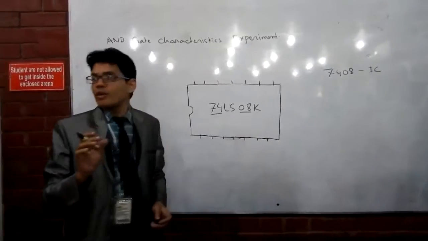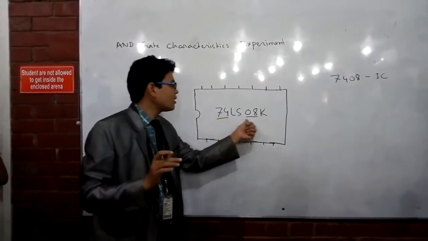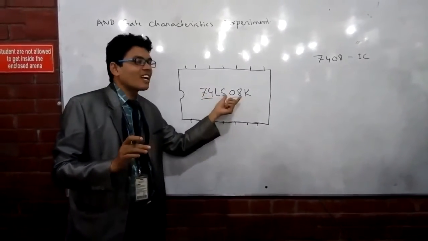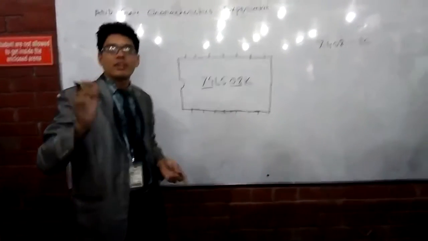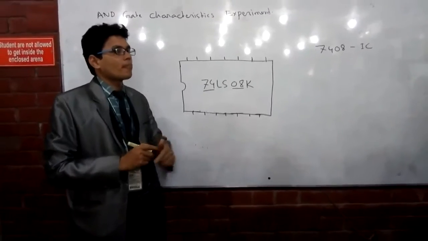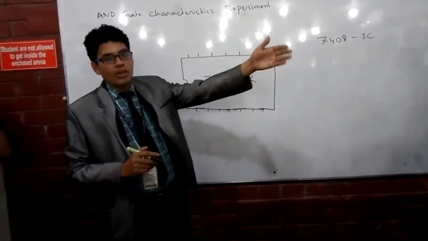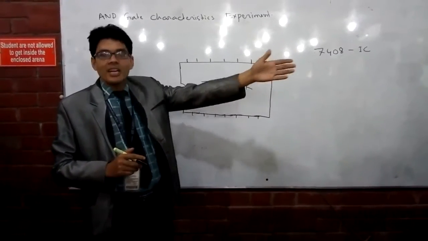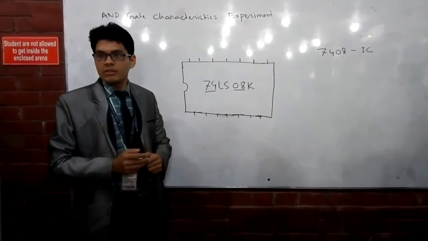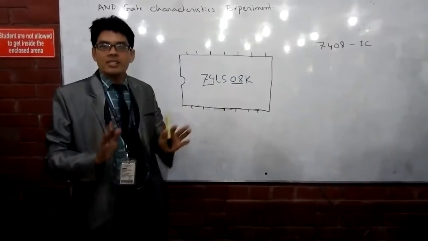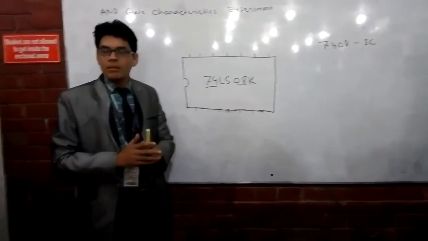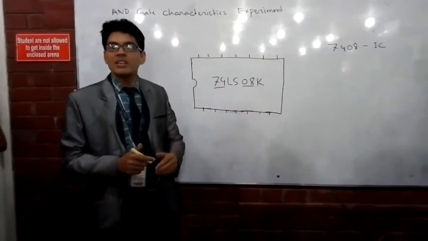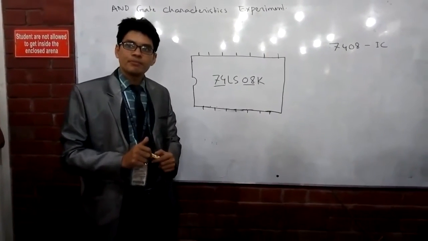If you go to old Dhaka or Nawabpur and ask for an AND gate IC, they would not understand that, but if you ask for a 7408 IC, they will understand.